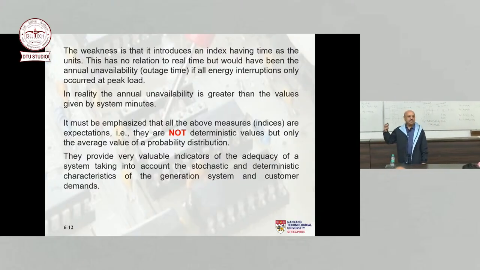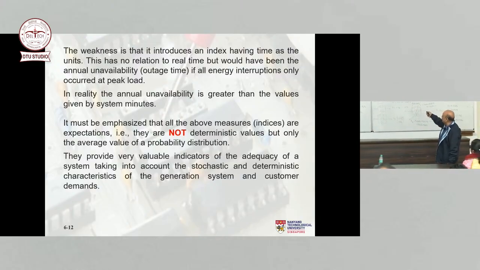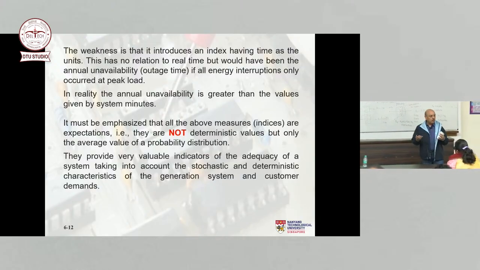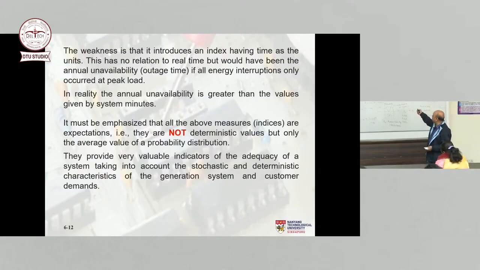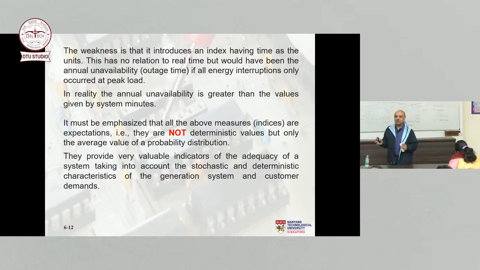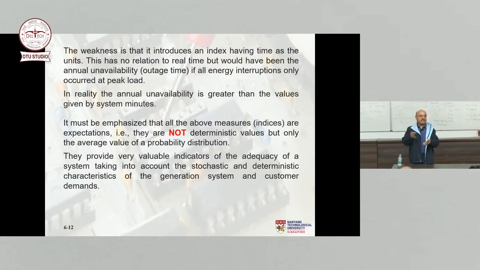What does it mean? It means that it would have been the annual outage time, 20 hours, 30 hours, whatever is the annual outage time. Unavailability, remember? Unavailability is the annual outage time, if all the energy interruptions only occurred at peak load. So whenever there is a loss of energy, it is occurring at the peak load.